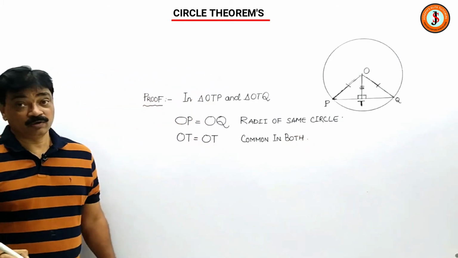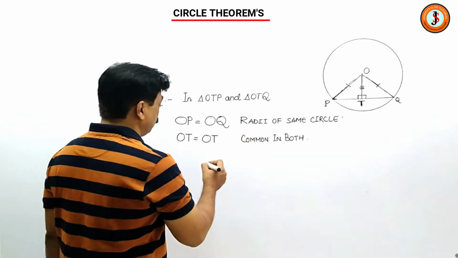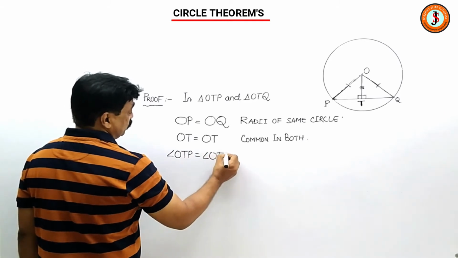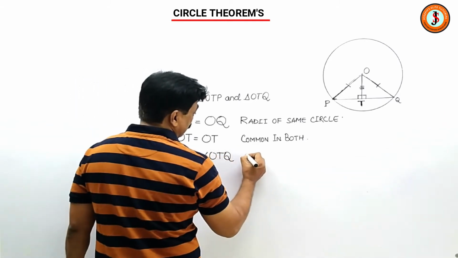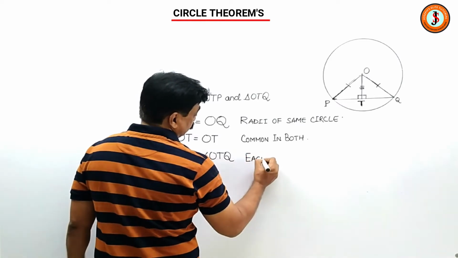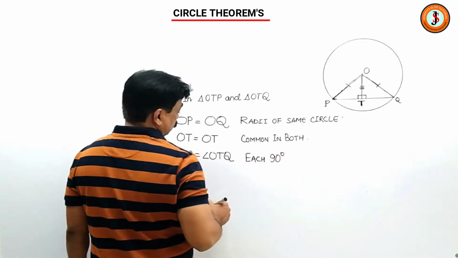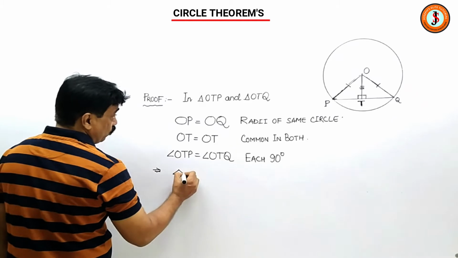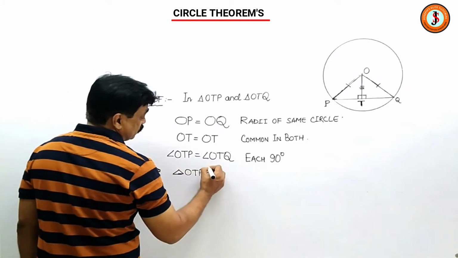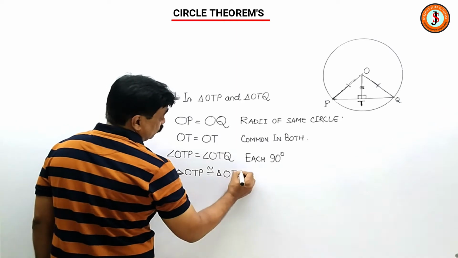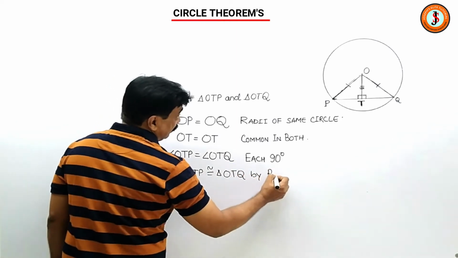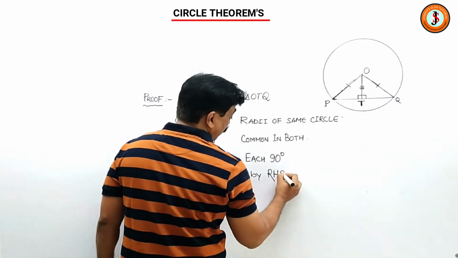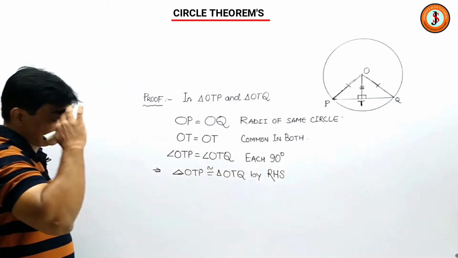Then we have angle OTP is equal to angle OTQ, each 90 degrees. This means triangle OTP is congruent to triangle OTQ by right angle, hypotenuse and one common side being equal, by RHS.